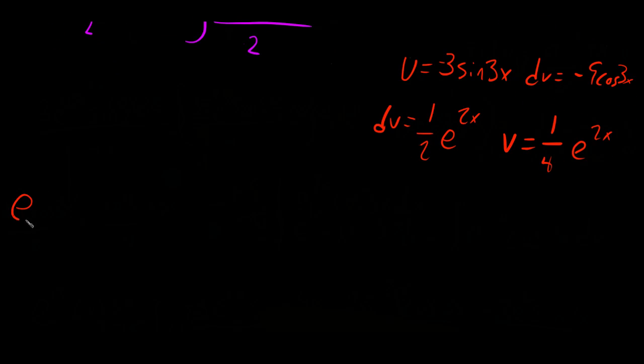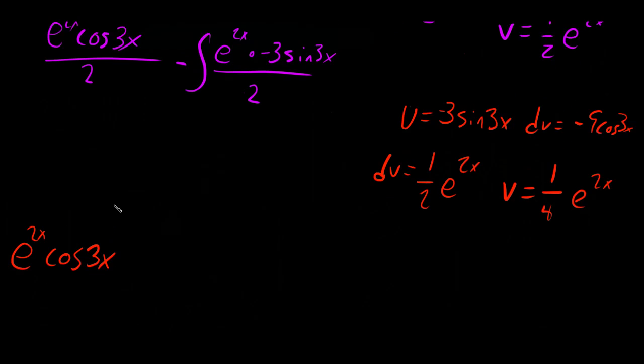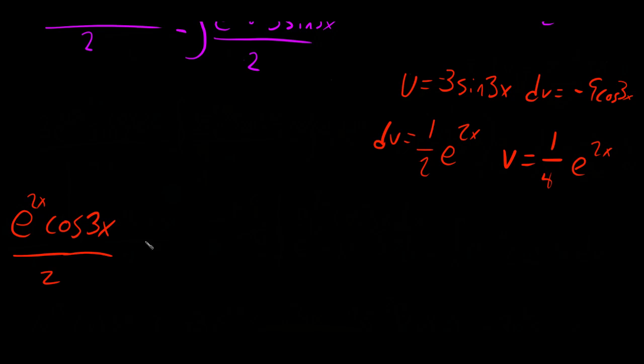Okay, so let me write this entire thing out. Over 2 minus, and then here we go, uv, e to the 2x negative 3. I'm going to take the negative 3 and just multiply it by everything, because you can. It makes no difference.